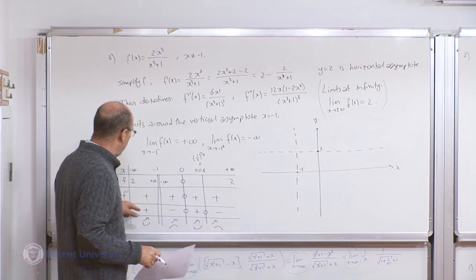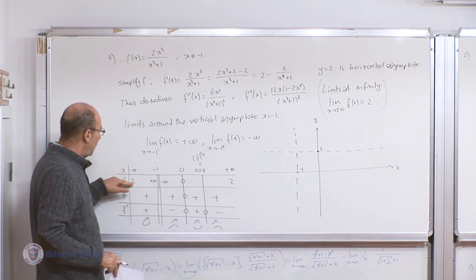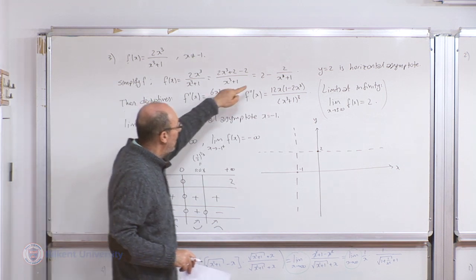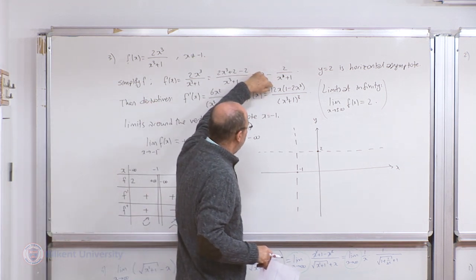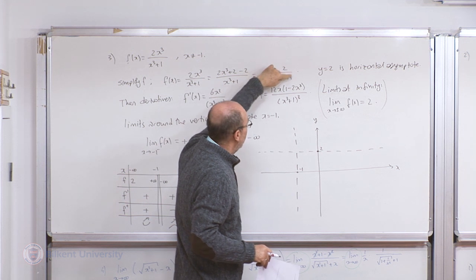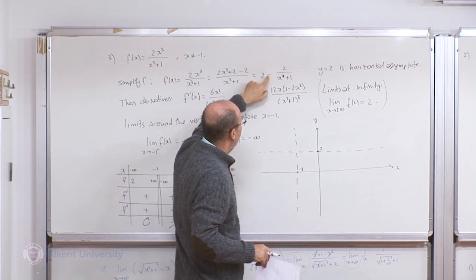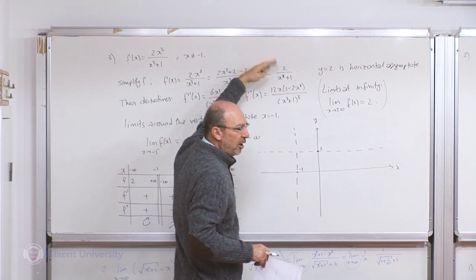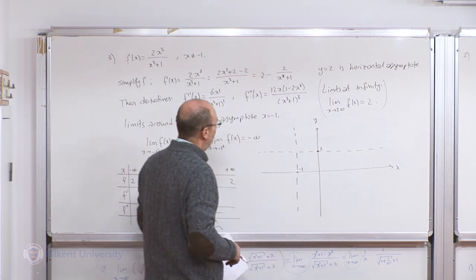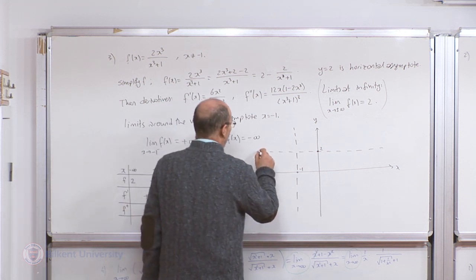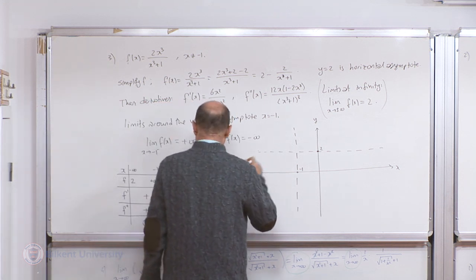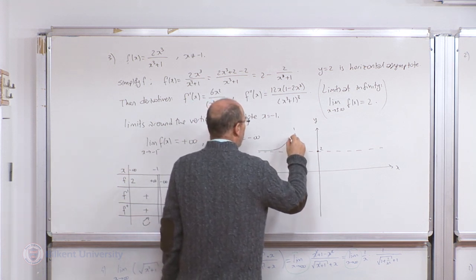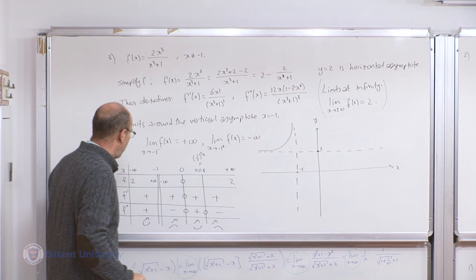Okay, so this says the function starts from 2 and goes to infinity. And by looking at here, when x is very negative, this part is negative. You have another negative here. So this part is positive. You are adding something to 2. So the graph remains above 2 all the time. And it goes like this. It goes to plus infinity. And it is concave up. So this side is like this.